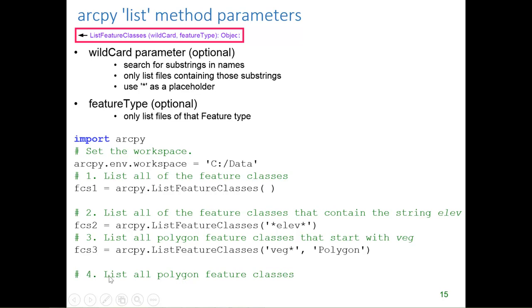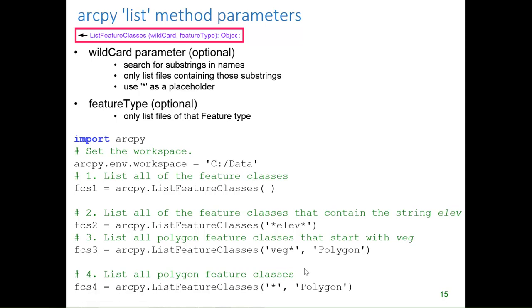Now, what about if we want to list all polygon feature classes, not just those whose names start with veg? Well, we can do that. We just need to put a placeholder in for that first optional parameter. Because if we just put polygon here as the first parameter, we're going to be looking for those feature classes named polygon.